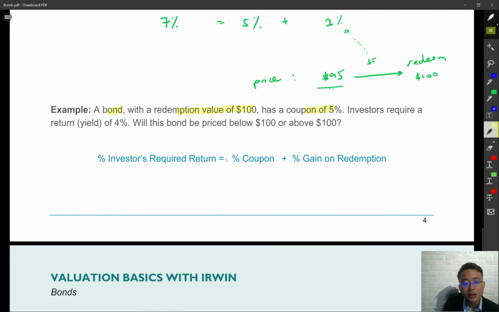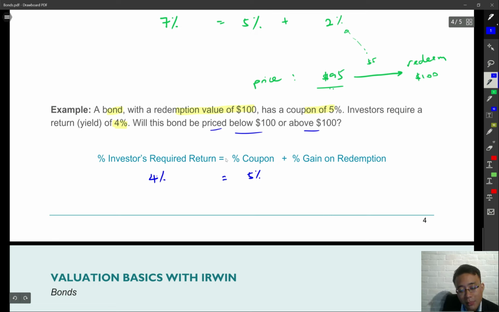Right? So, investors require 4%. Let's fill it in. Same question, will this be above or below $100, right? What price will it be at? So here, investors require 4. Your coupon is 5%. Now, what would happen here?